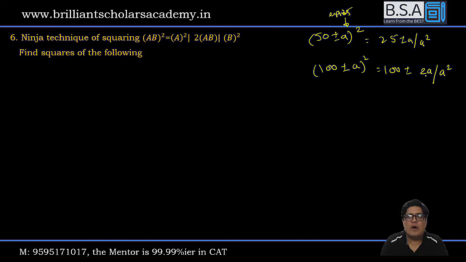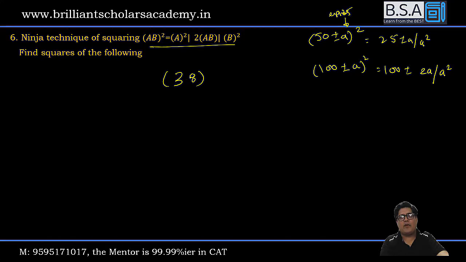Now I'm giving you an approach that does not depend upon the range of the value. If it is a 2-digit number, this will always work. This is the formula for it. Very simple formula. I'm looking for a square of, let us say, 38 square. So A is 3 and B is 8. You write down here A square, 3 square.